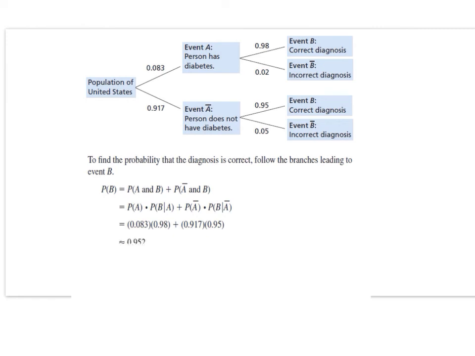That comes out to be approximately 0.952. So the probability that the diagnosis is correct is about 0.952, or 95.2%.